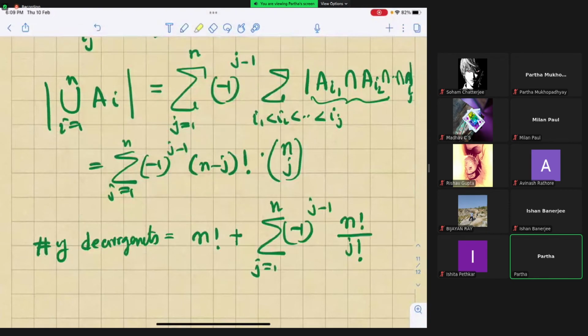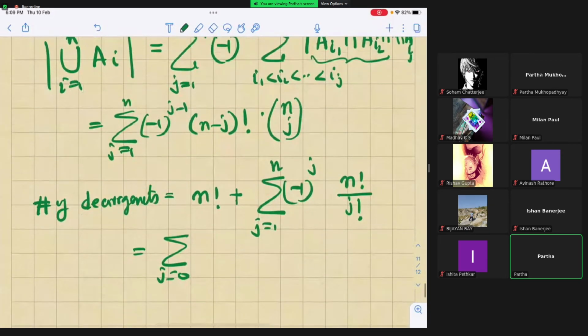So that is the sum for j running from 0 to n of (-1)^j times n factorial by j factorial.